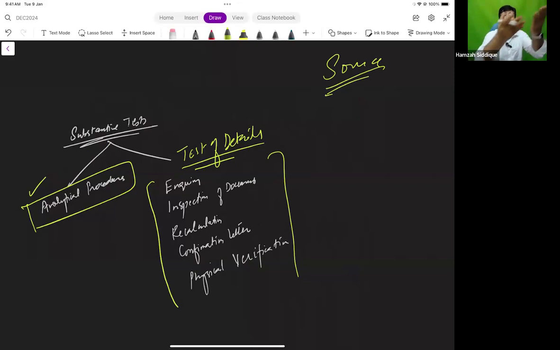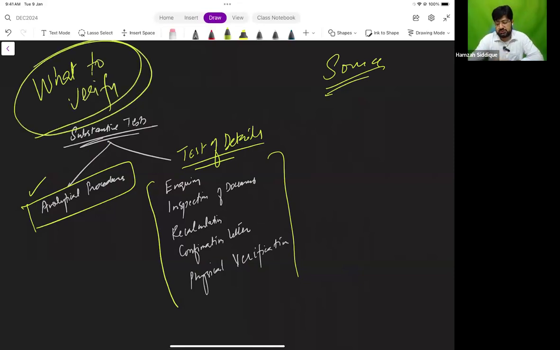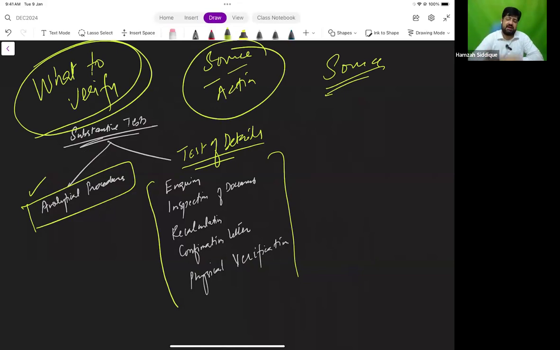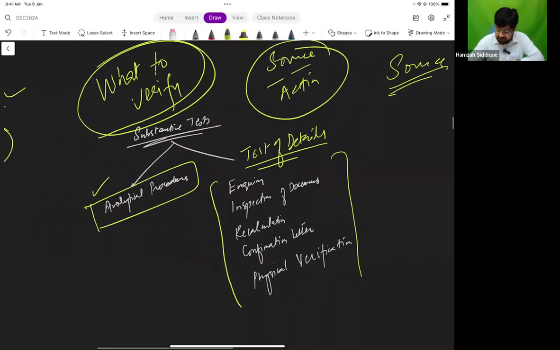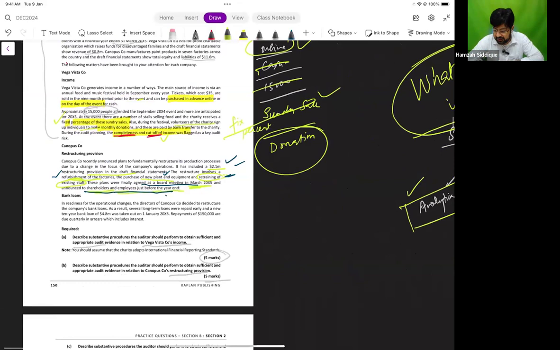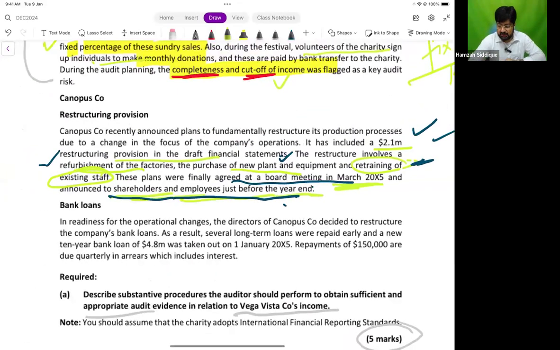But before the source, what to verify? This is more important. What to verify? Then comes the source and action. So we have identified what to verify here.